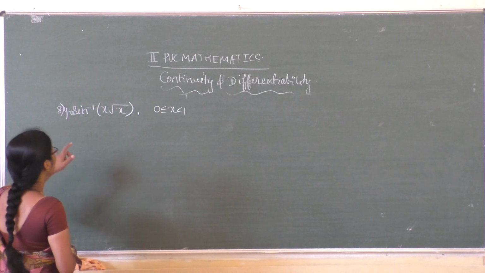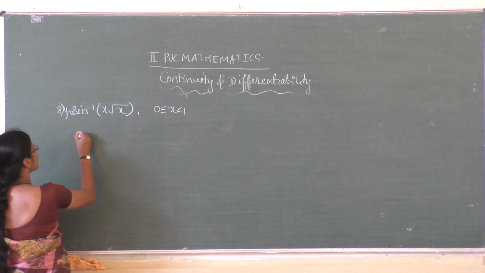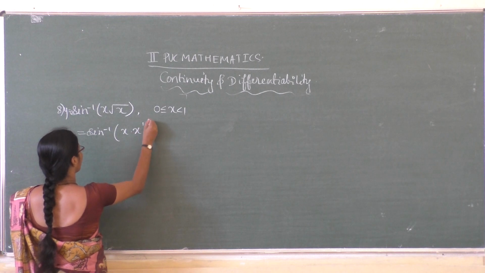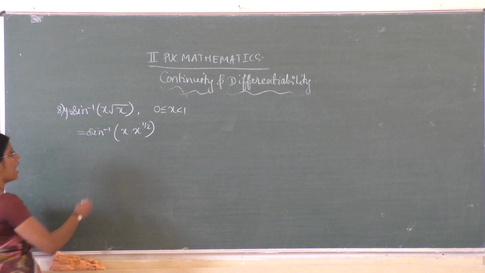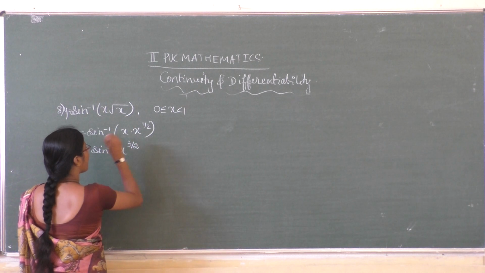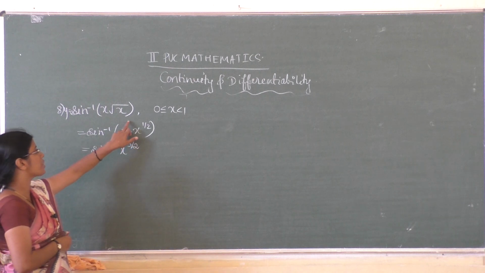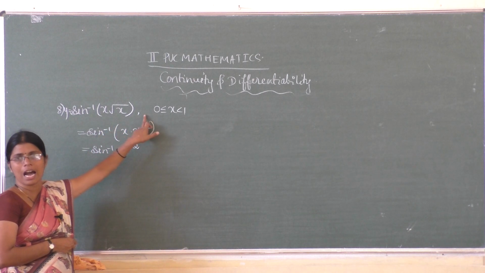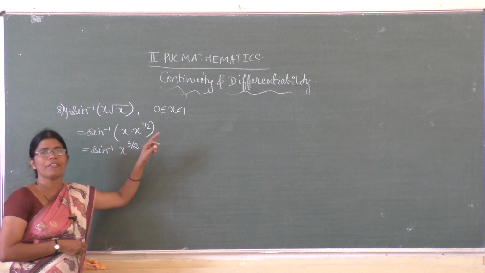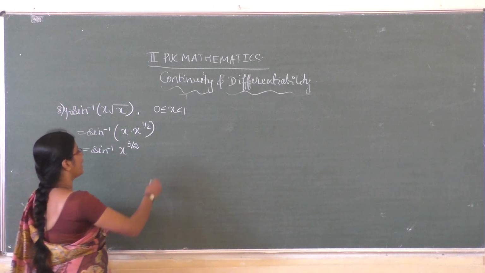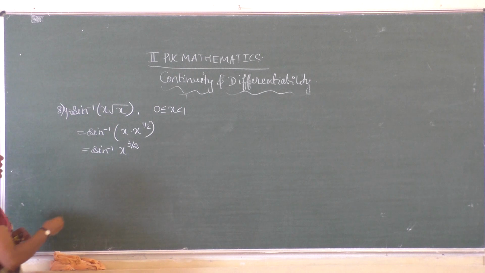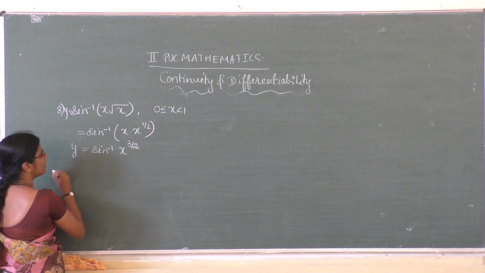But here we have x root x, so for simplification you can write this as x into x to the power half. Root x means x to the power half, so by the theory of indices, x to the power 1 plus half, that is 3 by 2. So y is sine inverse of x to the power 3 by 2.